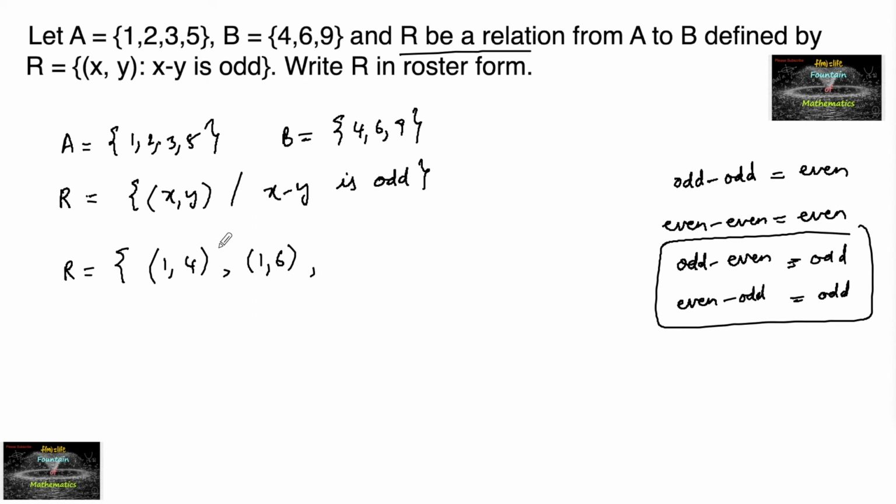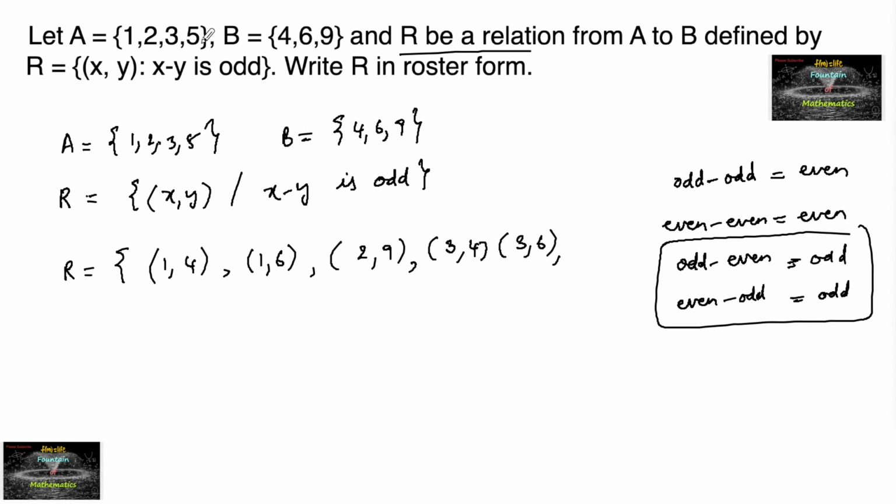So with 1 only the two possibilities, and coming to 2, when the set A element is even, we need to find the odd number from the set B. So (2, 9) is the only one, since 9 is the only odd number, so (2, 9) is one possibility. And now 3 is an odd number from the set A, so we need to find the even number from set B. So we can take (3, 4), and we can take (3, 6) also.